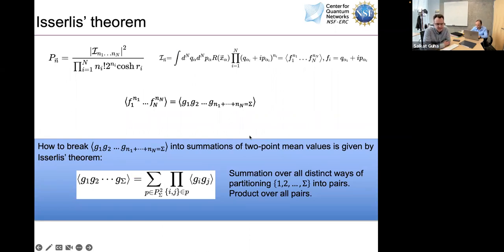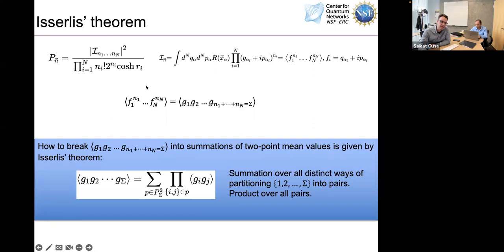Here I just state what we examined through example. I just state Isserlis theorem, which says that if you have the Gaussian moment problem, you want to calculate that mean value under this Gaussian distribution, which means exactly this thing.